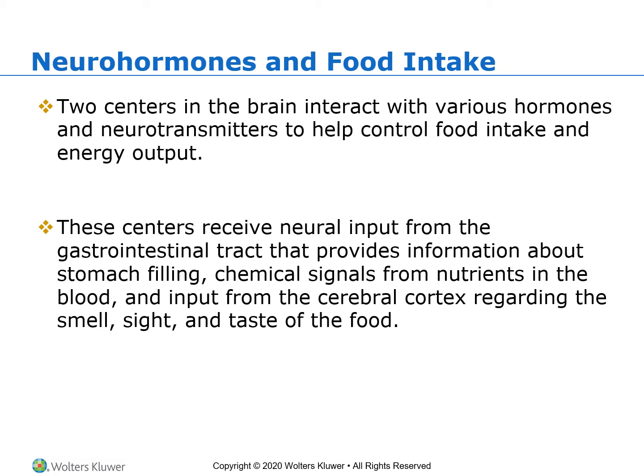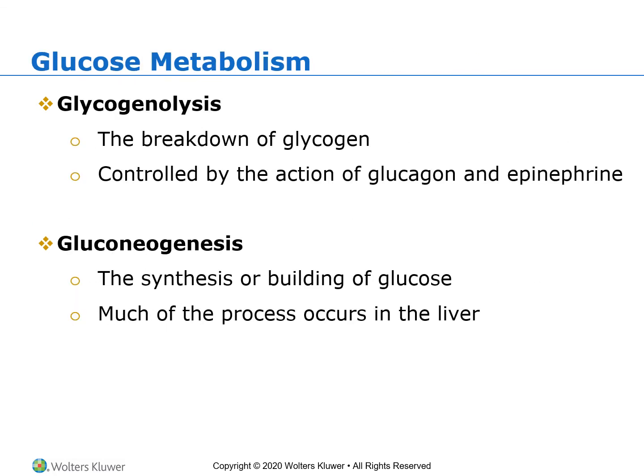So there's a balance between the neurohormones and food intake. Glucose metabolism is controlled by two mechanisms: glycogenolysis, which is the breakdown of the glycogen molecule that is stored in the liver.